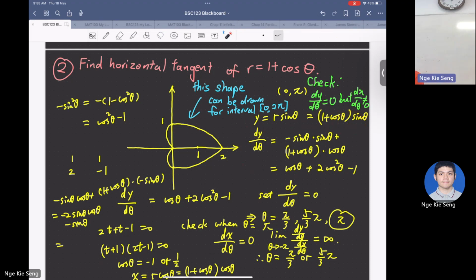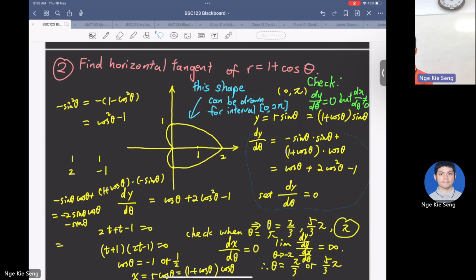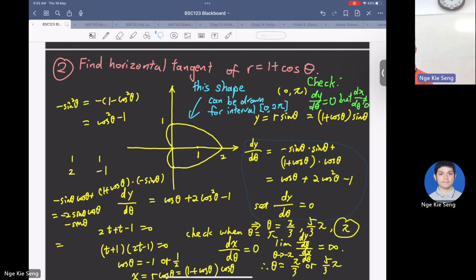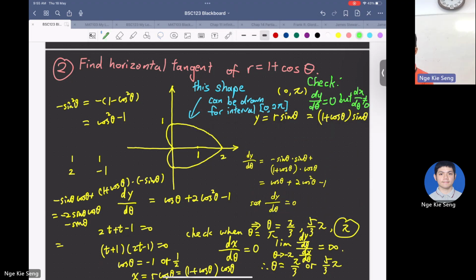Okay. What's the formula? Can anyone recall? Can Yi Zhao recall or not? The formula of dy d theta in terms of r and theta. What's the formula you saw just now? dy over d theta is equal to dr over d theta times sine theta plus r cos theta.